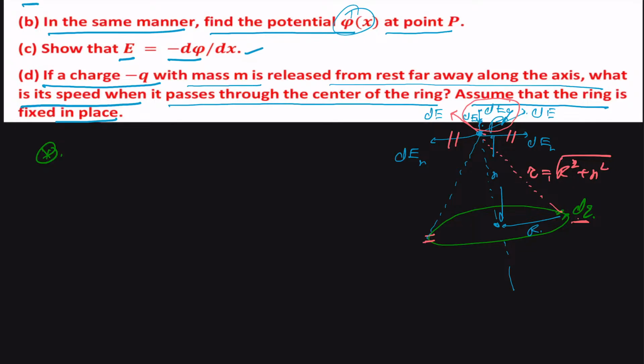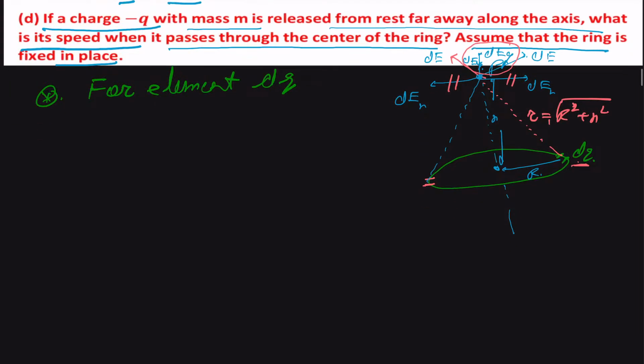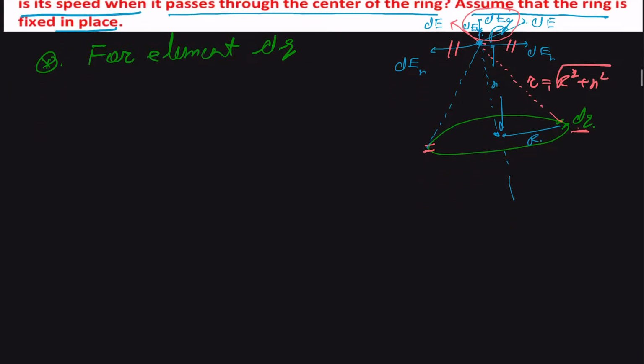And so we start that for a small element dq, we can write the field, that is our dE, will be equal to 1 upon 4 pi epsilon naught, and this is our dq upon r square.